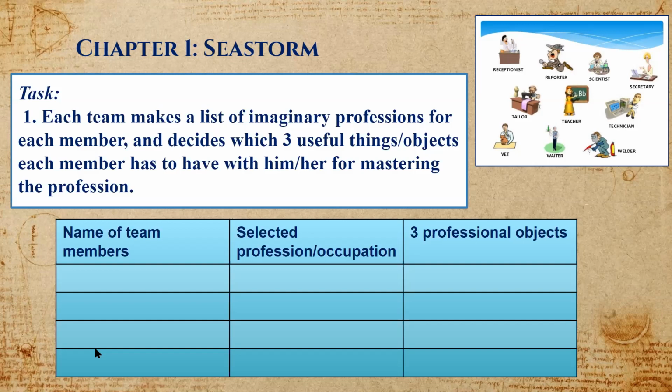In the team, if they are 5, that means they have to have 5 professions, and also 15 objects in total that they would need in order to master these professions in the new world.